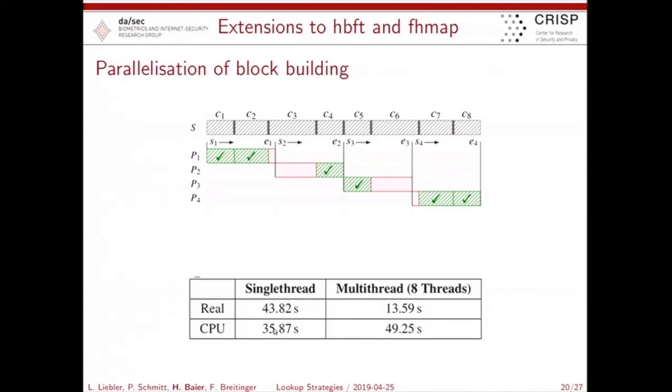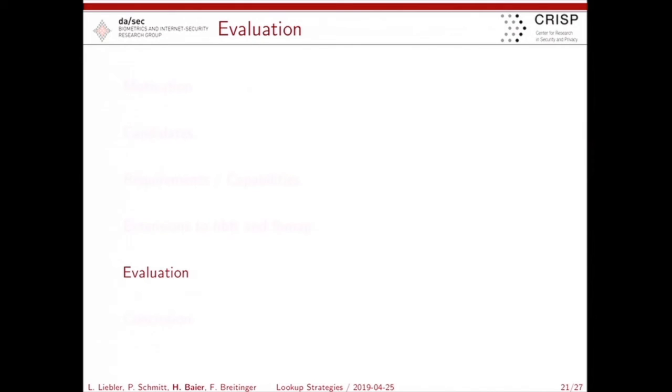The CPU time is a bit lower. But what is of interest for us, the real time decreases to less than a third if we make use of multi-threading. So this works, and this decreases the overall lookup time.